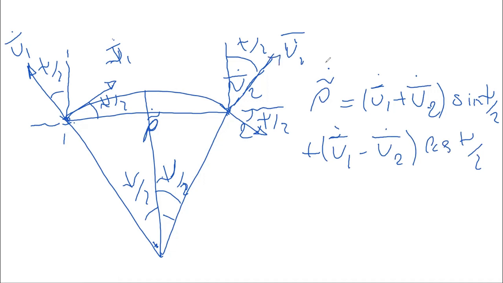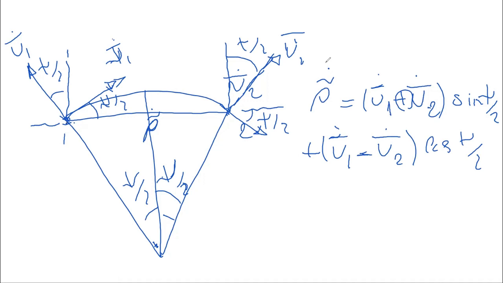As you see, the sign is plus here because they are both pointing upward, and here this one is upward, the other one is downward.